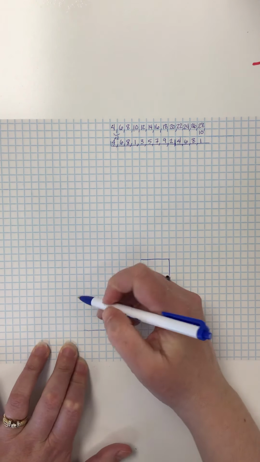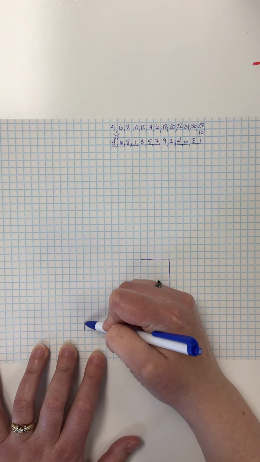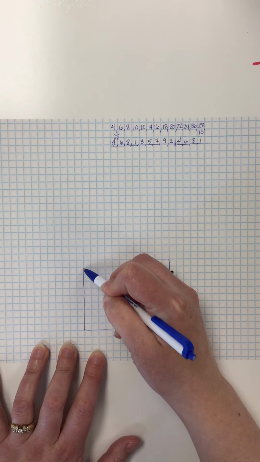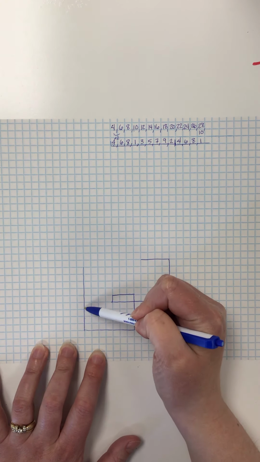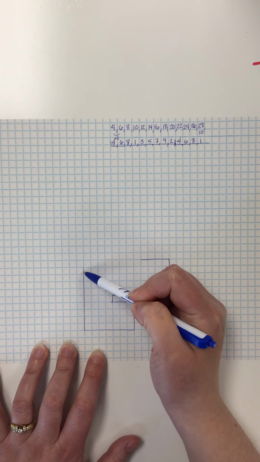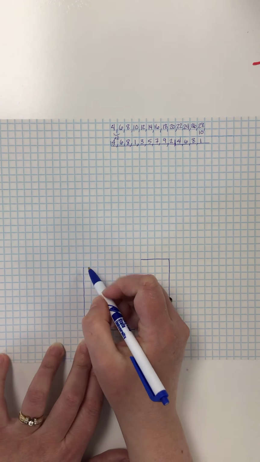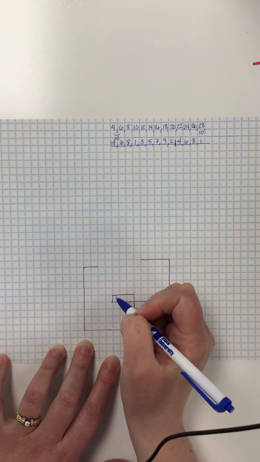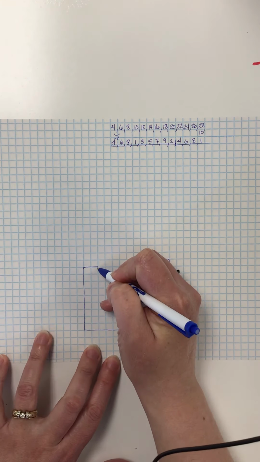Okay, my next number is 9. I'll recount that just to make sure. 1, 2, 3, 4, 5, 6, 7, 8, 9. Okay, got to turn right, and I'm going to go 2. Turn right, and I'm going to go 4.